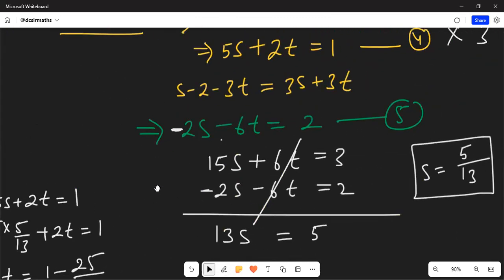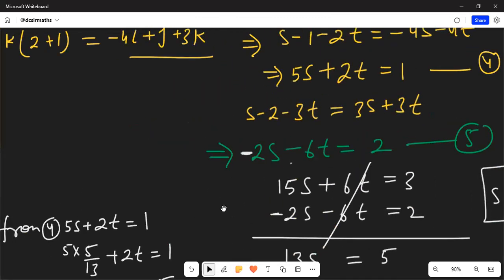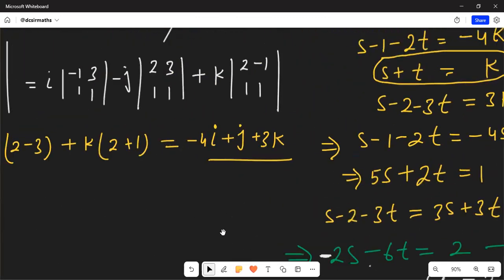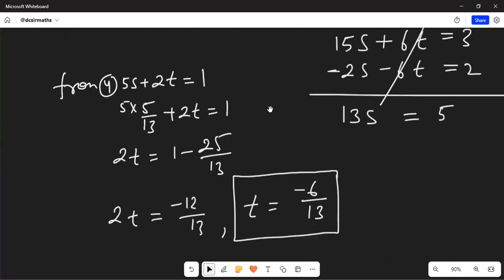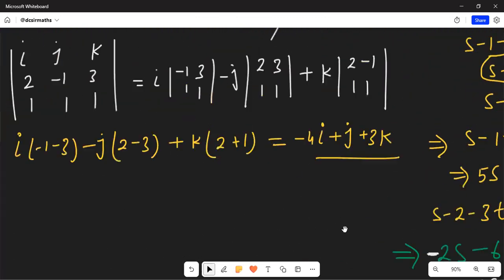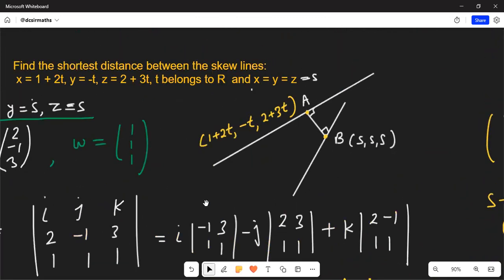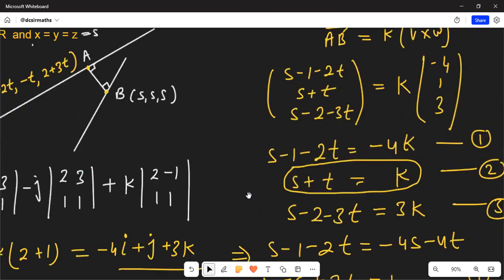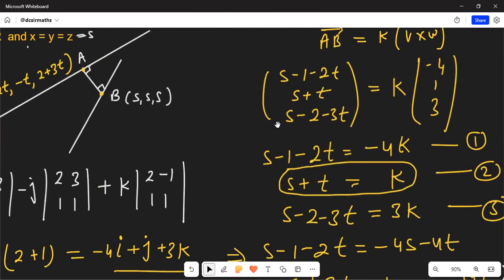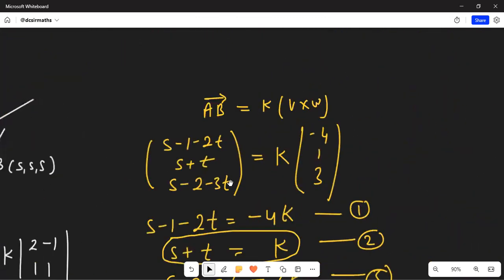Once you get the values of s and t, what you are going to do? You are going to find the vector AB. Look, s is 5 by 13 and t is minus 6 by 13, so we are ready to go. Where is our AB vector? Here it is. AB was k times this.